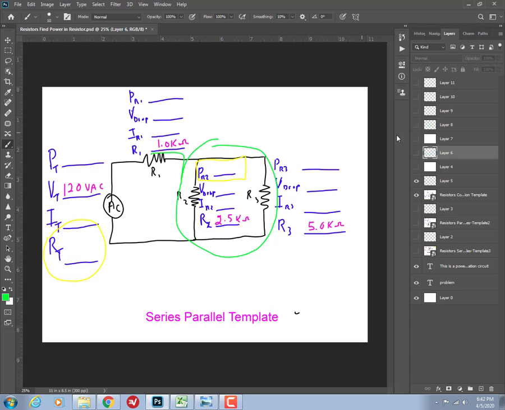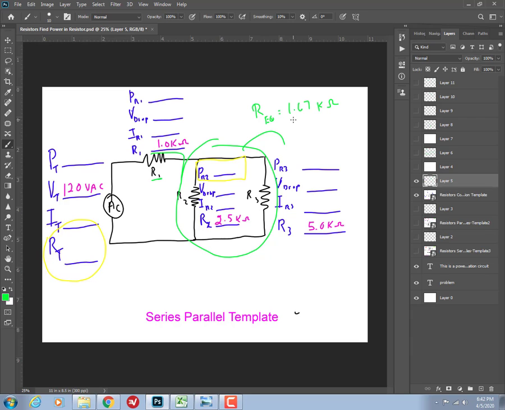So in combining these two, we have an R equivalent of 1.67 K ohm. Now that is in series with R1, so now we're going to add 1 to that. We just add them because they're in series.